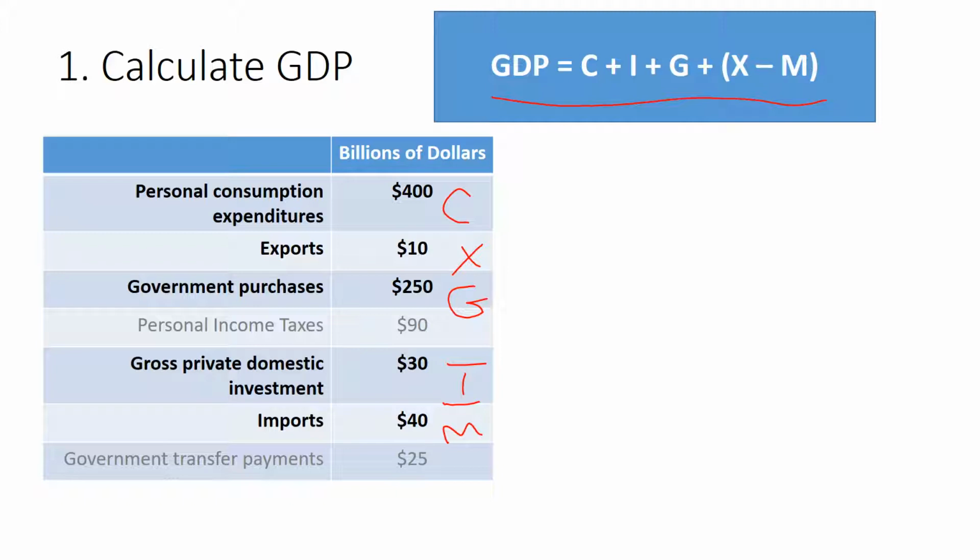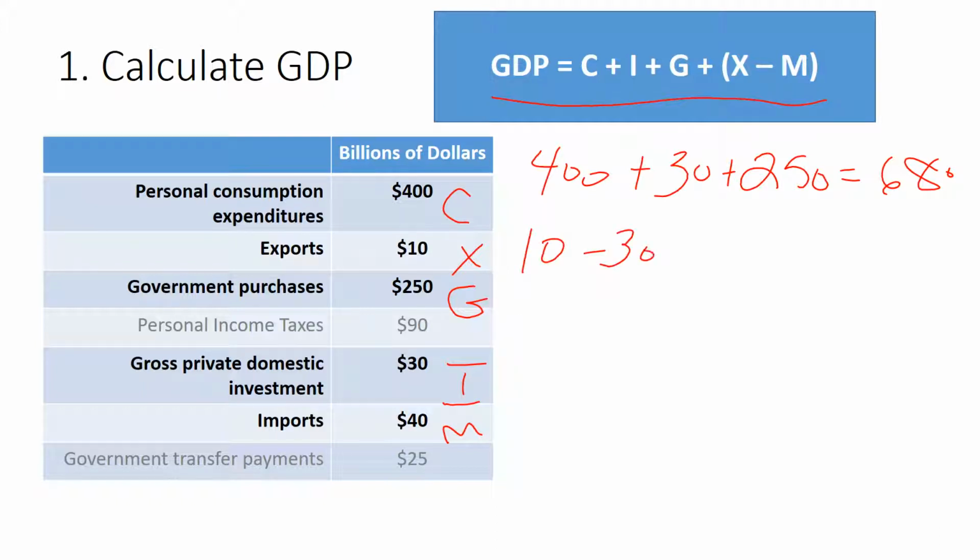So we just plug these into our equation. So we would have 400, plus the investment of 30, plus government purchases of 250. If we add all those together, that gives us 680 billion. And then for net exports, we take exports of 10 and subtract from that those dollars leaving.